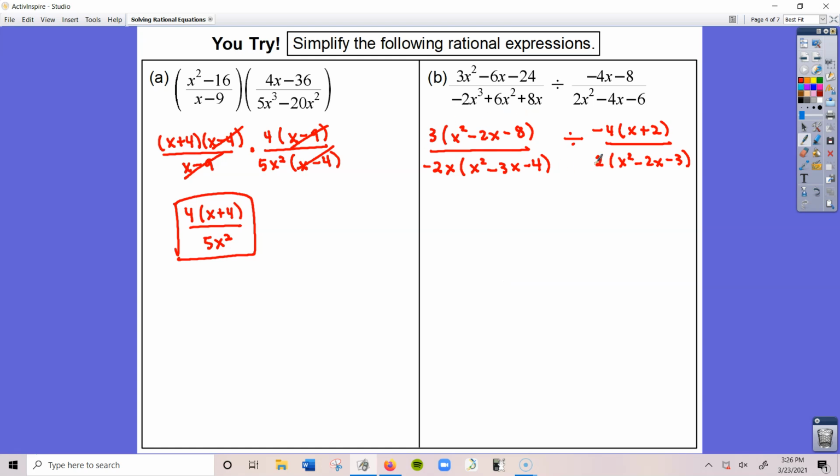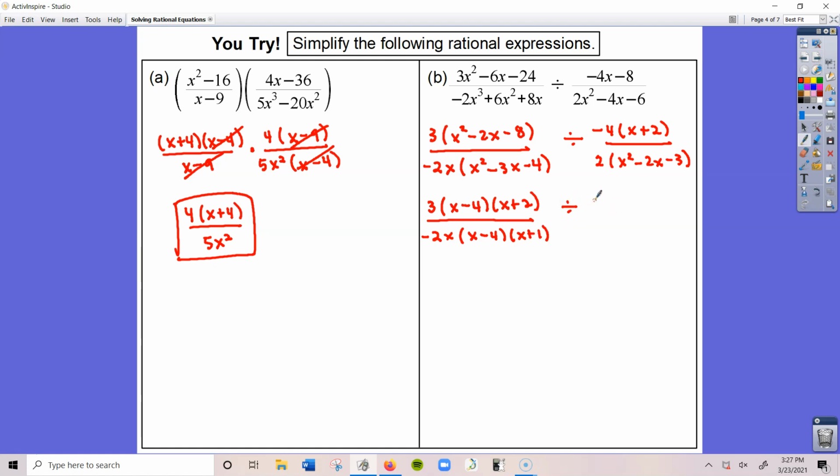Now let's finish factoring everything that we left. Here in this numerator we have the 3, and then x squared minus 2x minus 8 can be factored to x minus 4, x plus 2. All over negative 2x, and then x squared minus 3x minus 4 can be factored to x minus 4, x plus 1.